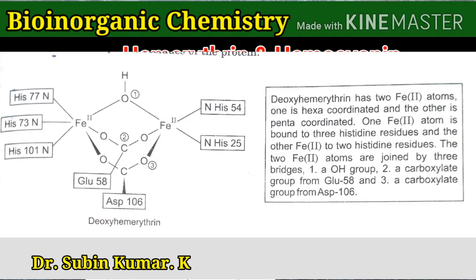On the left side, the Fe is coordinated by 3 histidine, 1 glutamate, 1 aspartate and 1 hydroxo group. On the right side, the Fe is coordinated by 2 histidine, 1 glutamate, 1 aspartate and 1 hydroxo.